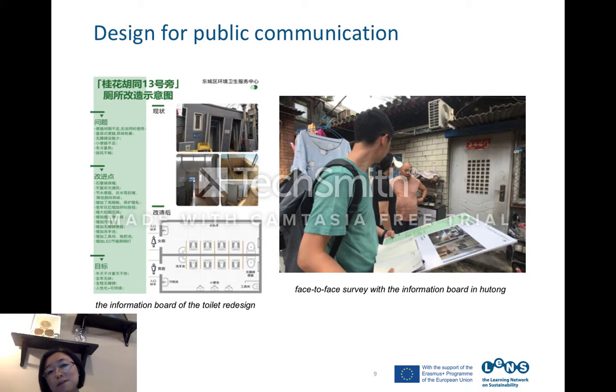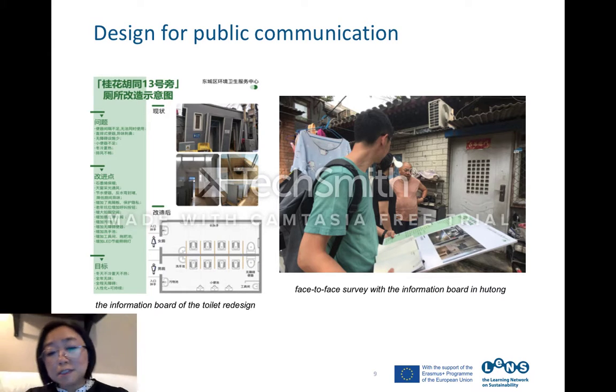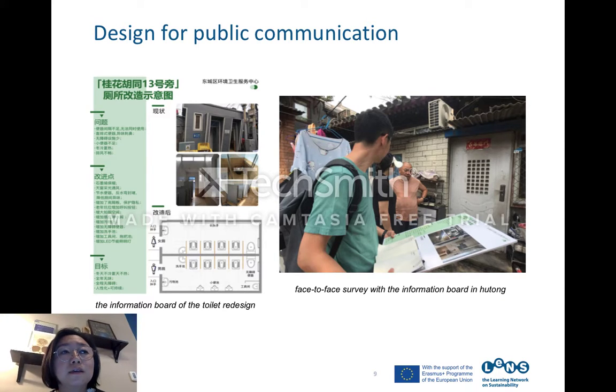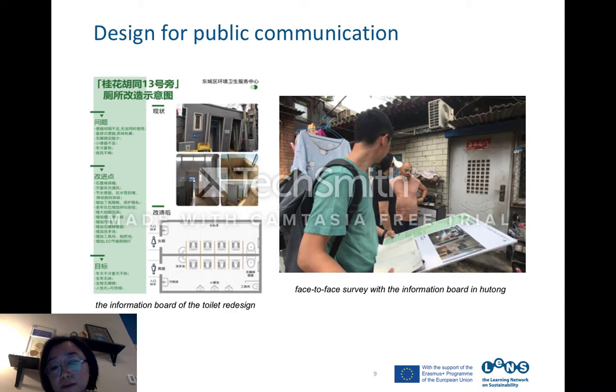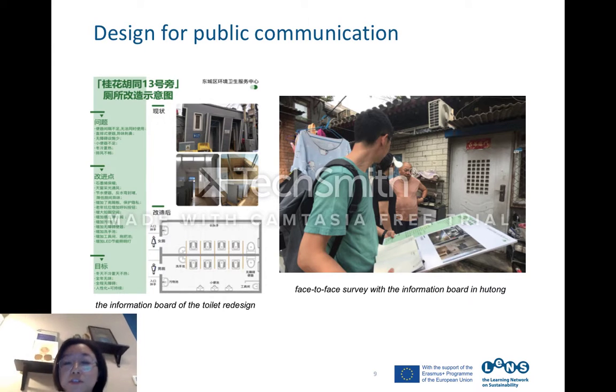Now, with the support and diffusion of internet technology, every ordinary citizen can express their own opinion on public service. So, besides the design solution of the public toilet itself, we were commissioned with the responsibility of public communication by the sanitation department.